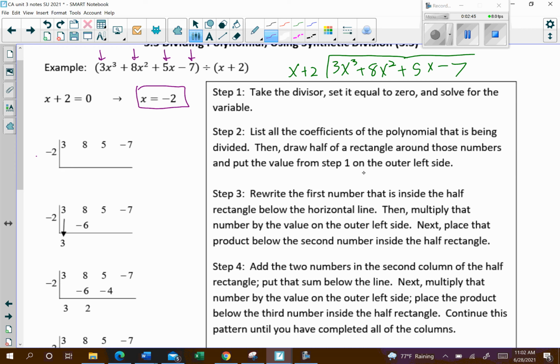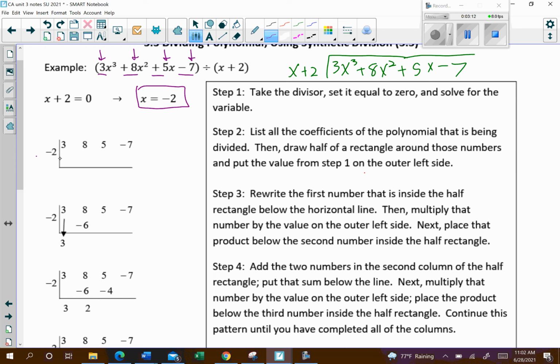Then we put the value from step 1 on the outer left side. So the 3, the plus 8, the plus 5, and the minus 7. I have them all written here, and I made a little half of a rectangle right here. Then I call it my magic number, and you'll see why in a minute. So I put that negative 2 from step 1 right there. Kind of weird so far, but nothing too crazy, right?